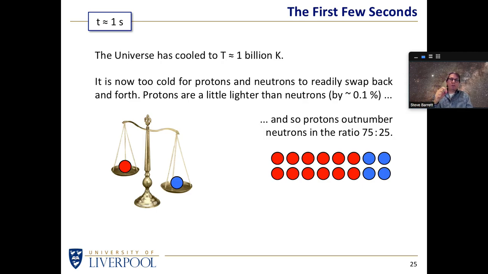Why does the universe favour the lighter of the two particles? Well, there's a sort of general rule that nature always favours the lower energy state. If you take a ball and you take it close to the top of a hill and let it go, it will roll downhill into the valley. It won't roll uphill.